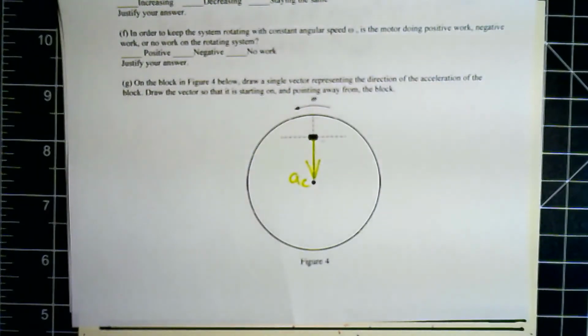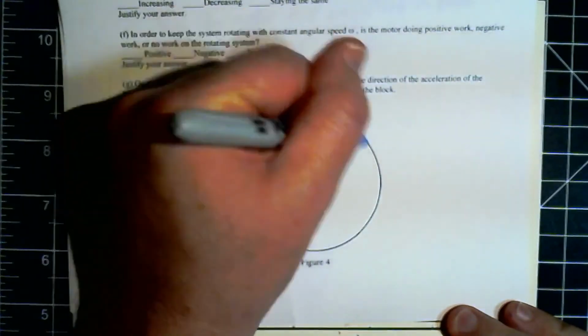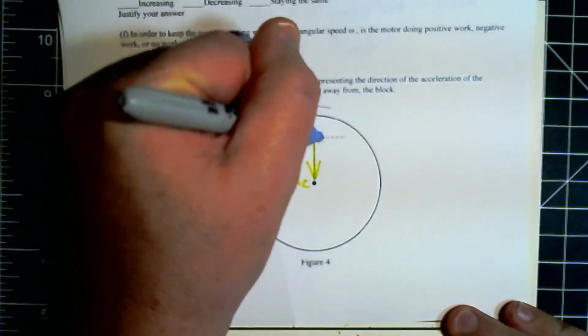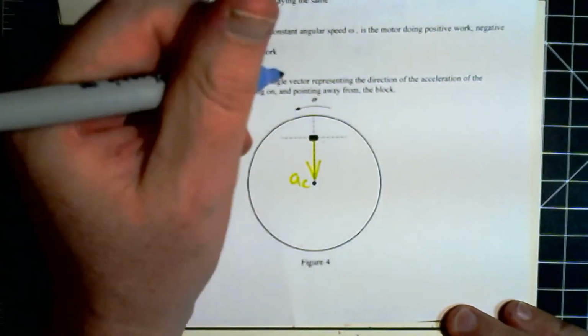But what about the tangential acceleration? Well, we have previously said that the kinetic energy was decreasing, correct? So that means that there had to be some kind of a work term, some kind of a force to cause kinetic energy to decrease. Well, that would be a torque, right? It's not immediately obvious, but there was some kind of a torque on the system to cause that spring block disc system to lose some kinetic energy.